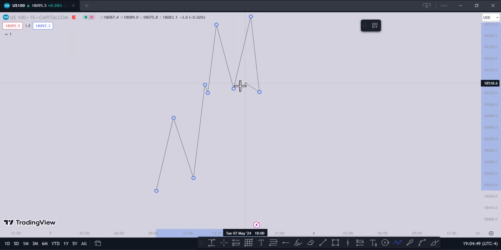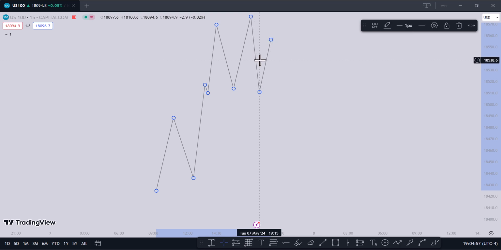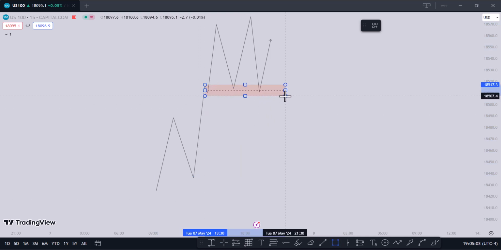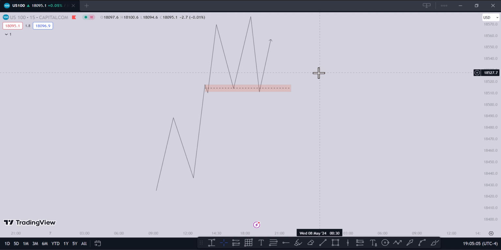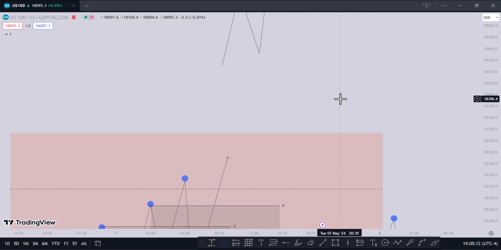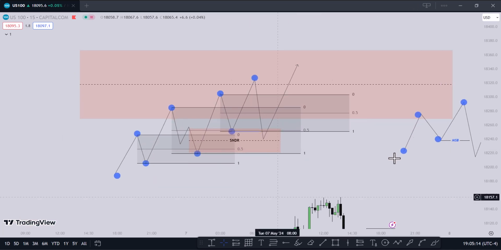We're still facing support from it. It is still rejecting price. So for me, this is not a valid market structure shift, and this could be a potential double bottom scenario inside this zone right here.